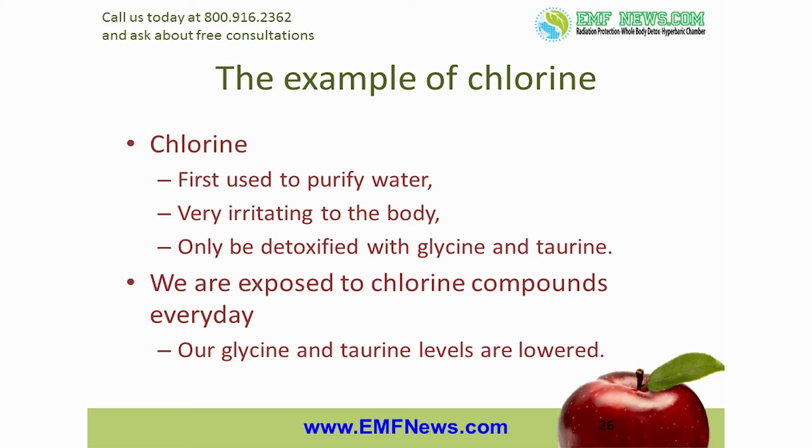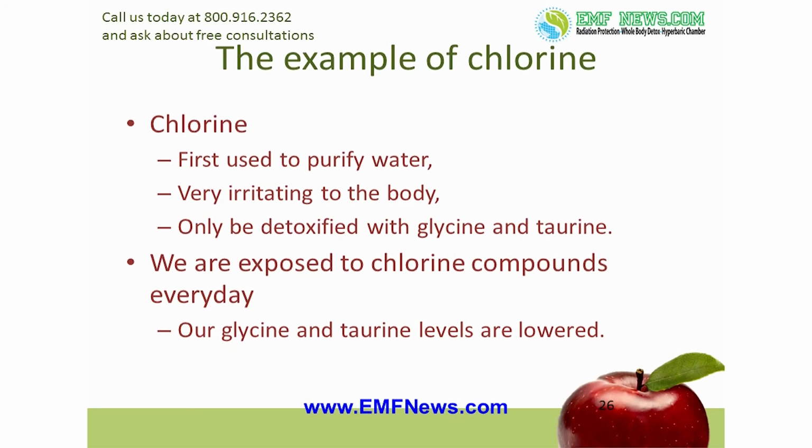Chlorine is very irritating to the body, so it must be detoxified. And the only way chlorine can be detoxified is with glycine and taurine. Since we are exposed to chlorine compounds with every glass of water we drink and every shower we take, it's easy to see how our glycine and taurine levels are lowered every day.